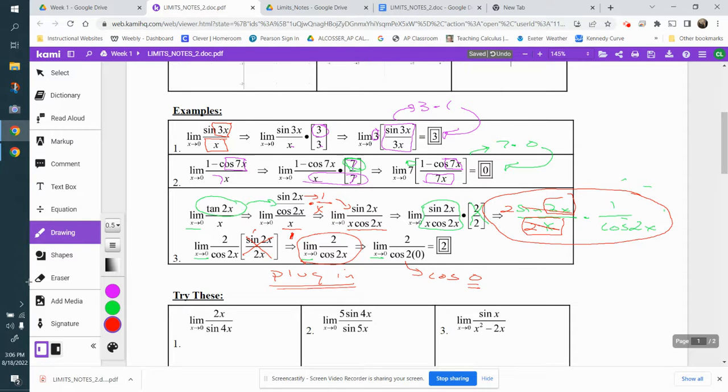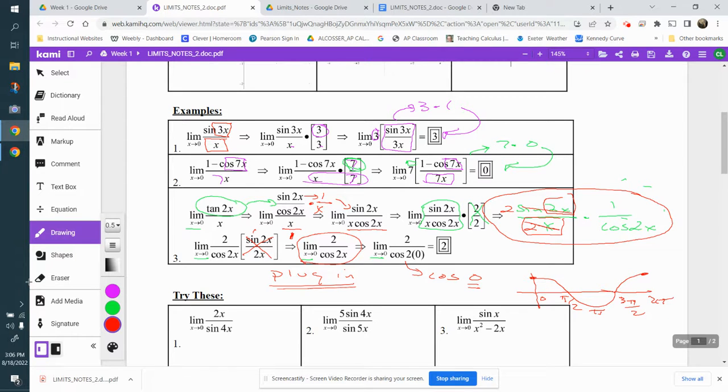So now I've got to find out what is the value of the cosine at 0. This is where knowing, not your unit circle, it's very important, but I like this better. My cosine graph looks like this. Now, I've got 0, pi over 2, pi, 3 pi over 2, and 2 pi.